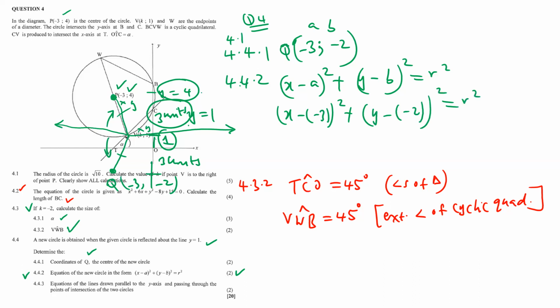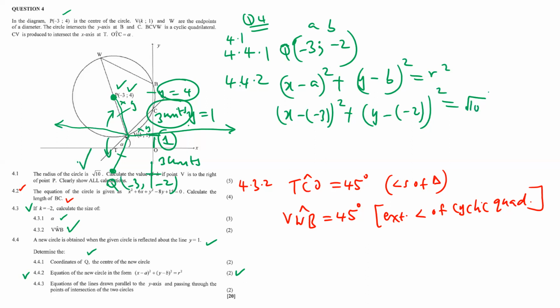What is the r now? Let's determine that. Remember, r is the radius of the circle, and it is the same as before. Here it is the square root of 10.